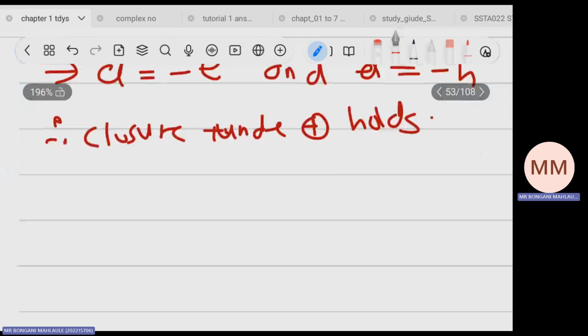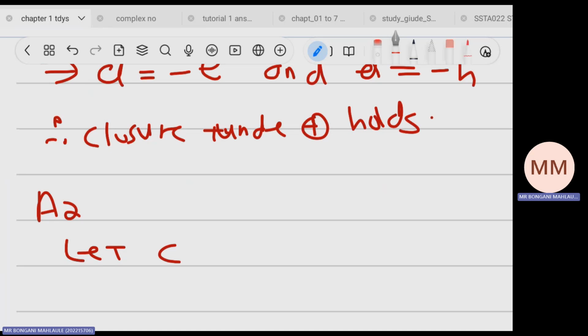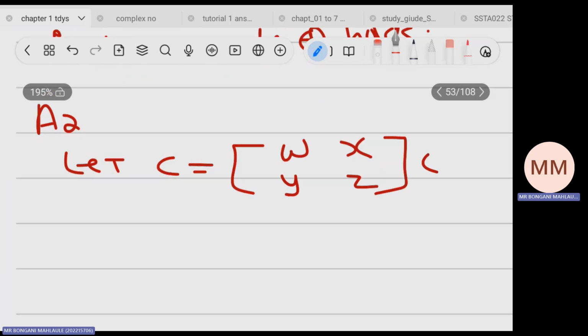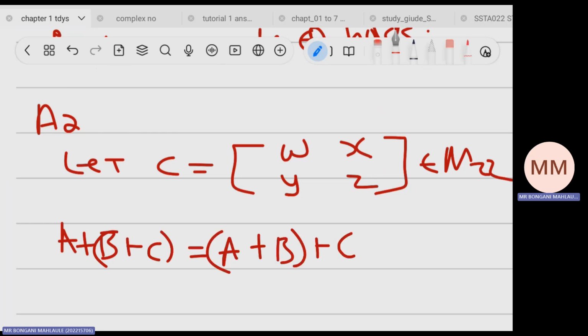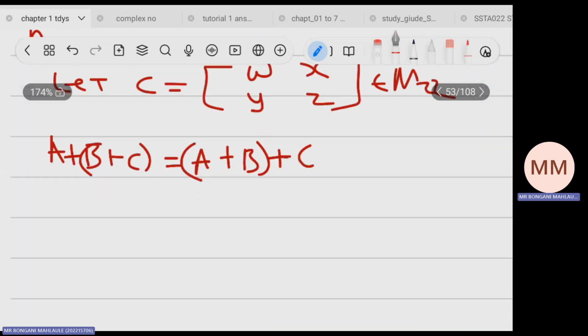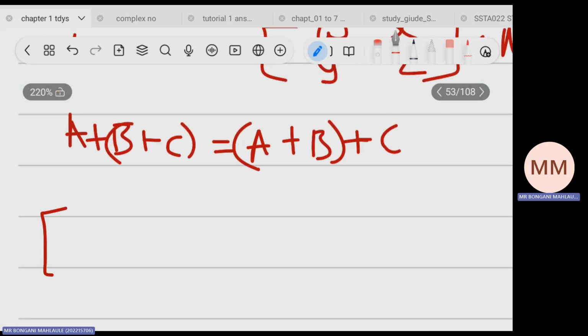Then number 2, axiom 2, we want to prove associativity, right? We'll say let C be equal to W, X, Y, Z. This is an element of 2 by 2. And then we know that we are expected to get A plus B plus C. Then A was a, b, c, d.